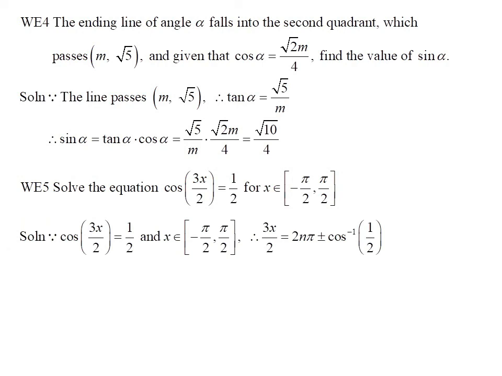So 3x over 2 equals 2n pi plus or minus arc cosine 1 over 2. After being simplified, x equals 2n pi over 3 plus or minus 2m over 9. So we find that x sub 1 equals negative 2m over 9, while x sub 2 equals 2m over 9.